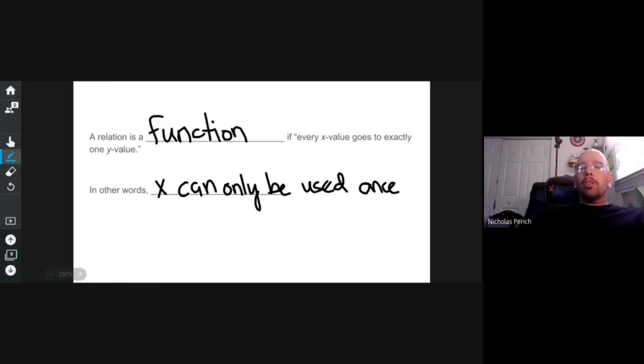So I give you a bunch of points, and I look at all my x values. I don't care about my y values. No one cares about them. I look at all my x values, and if every x is only used once, I have a function. If there's an x value used more than once, I don't have a function.